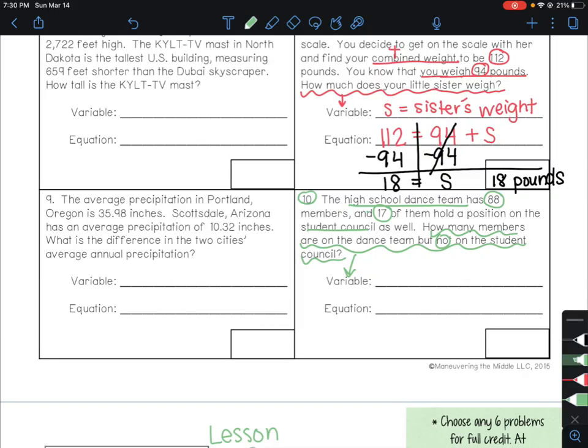What we want to know is the members that are on the dance team but not on the student council. So our variable is going to represent that. M for members equals members on dance team but not student council.